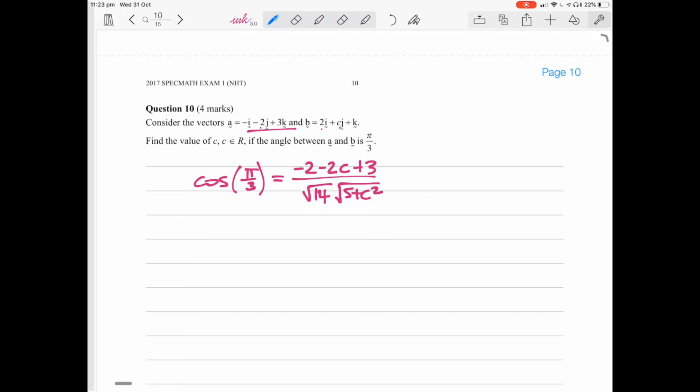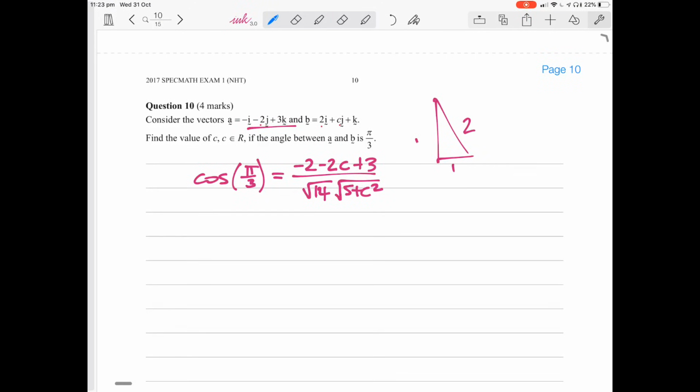Okay, so what's cos of pi on 3? 1, 2, root 3, pi on 3, that's going to be a half. So I would get a half on this side. So I'm going to cross multiply, so I'm going to get root 14, root 5 plus C squared is equal to negative 2 plus that, that's going to be 1 minus 2C.